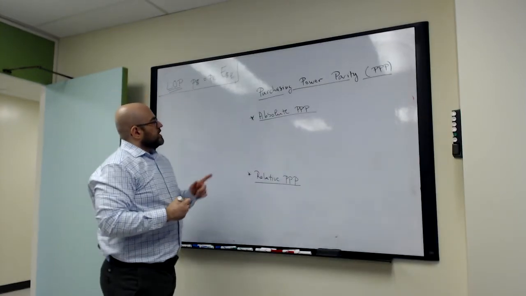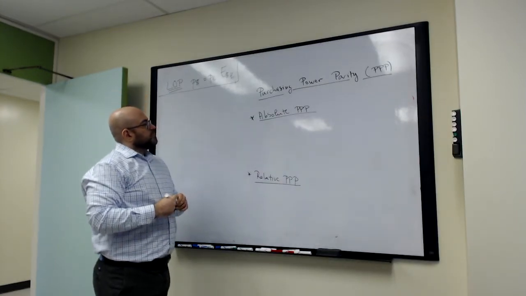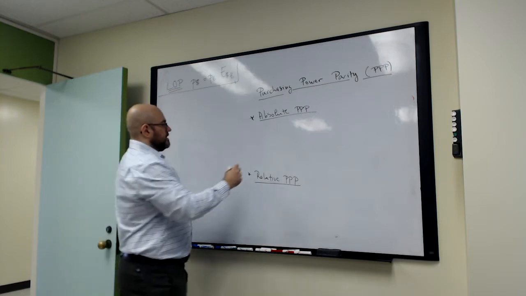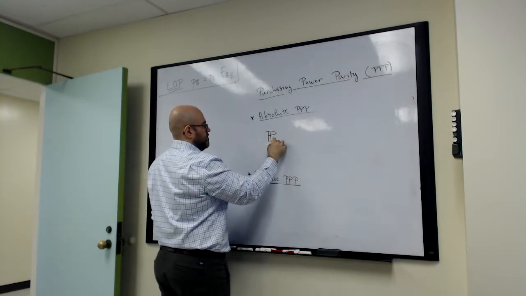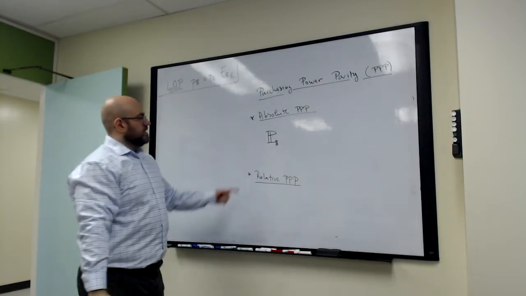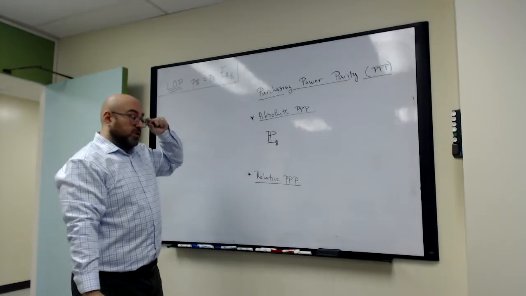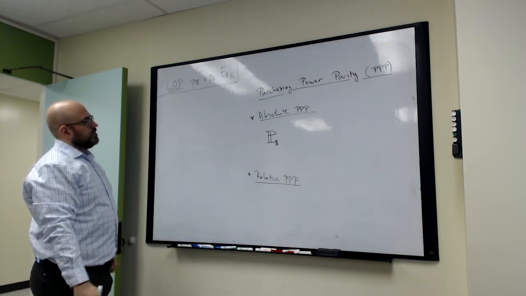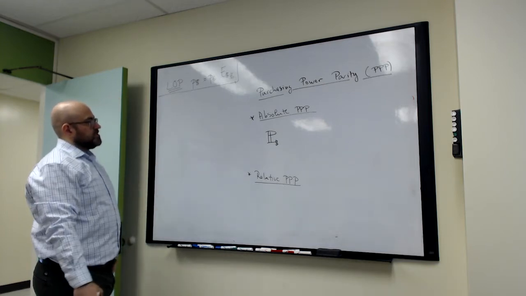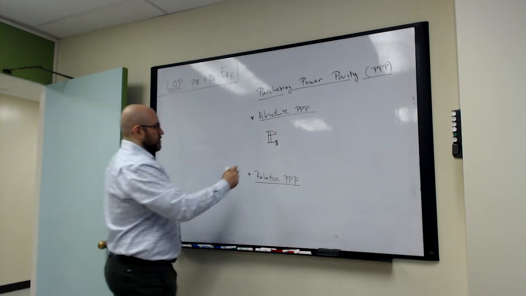I'm going to start with the absolute PPP. It says that if I look at the price index in the US, this is an uppercase P. I'm doing this bold double vertical line to emphasize that it's an uppercase P. So this is the price index in the US.